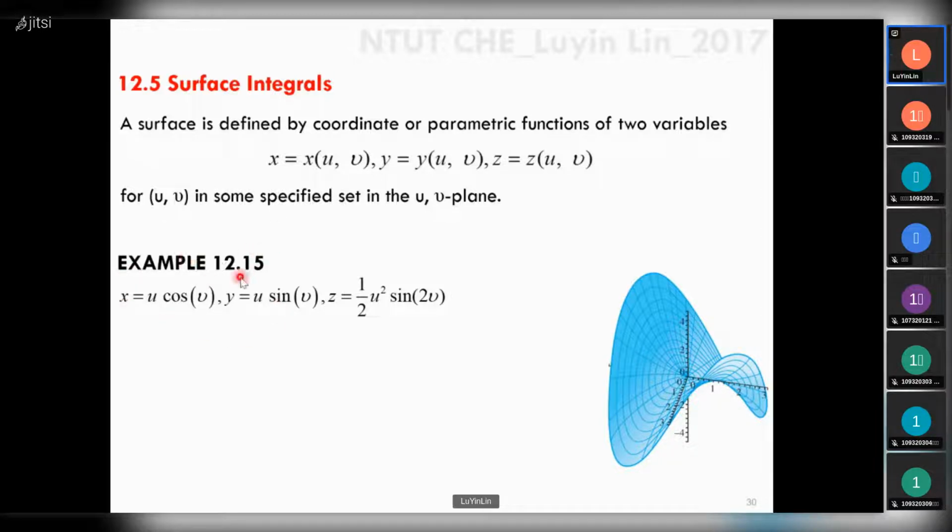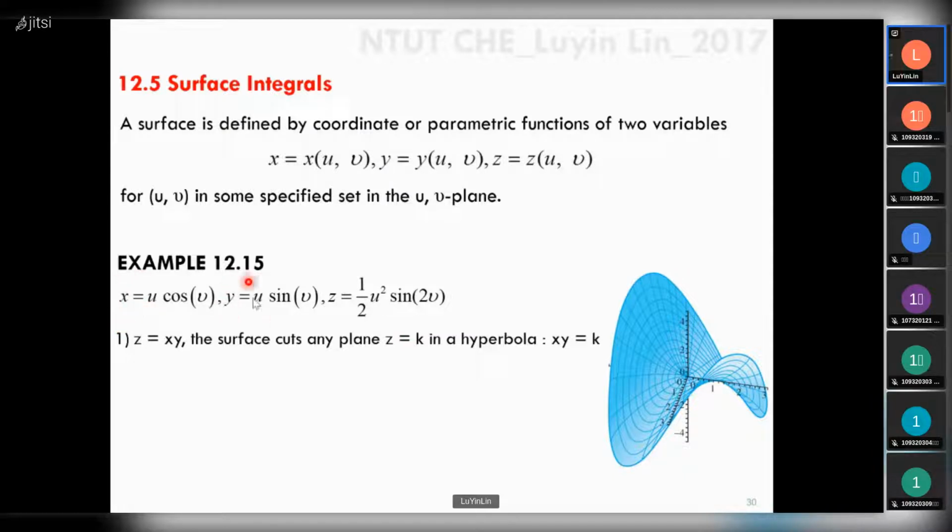So here, example 12.15 gives the equations for x, y, z to represent this surface. How to define this surface? First, you can see x, y, z are represented by u and v. Can you find z is equal to xy? Z is equal to xy.